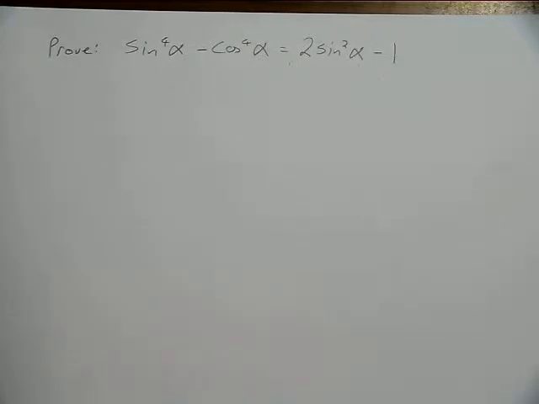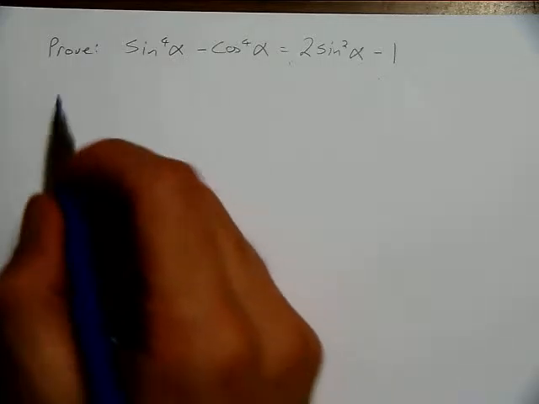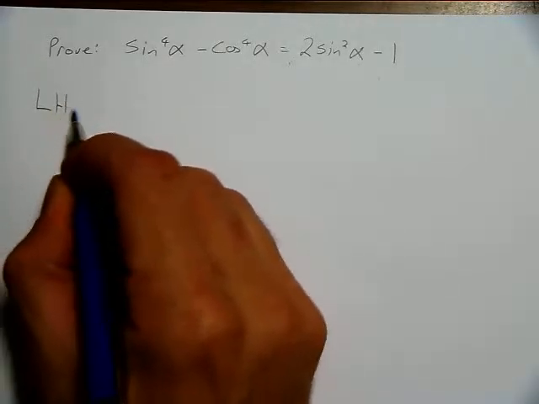If one of the sides looks very small and the other side is a bit more expansive, I'm going to take the larger side and try and simplify it down to see if I can get it looking something where I can make a link and go, left hand is equal to right hand side. Okay? So has anyone in Math C done proofs? Have you done proofs in Math C? So you sort of know what I'm talking about. So I'm going to start with the left-hand side.